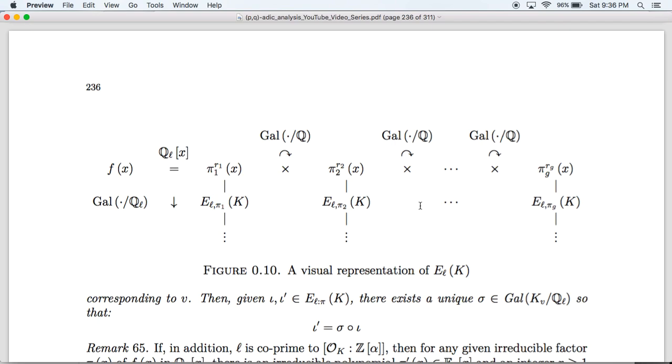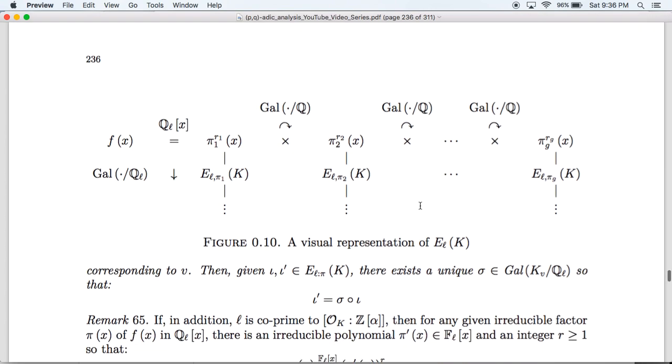We first need to figure out how to embed those parts of K that can be embedded into QL for whatever our chosen prime L is, and then we need to figure out how to embed that in QL bar to get all the elements of K which are algebraic over QL.